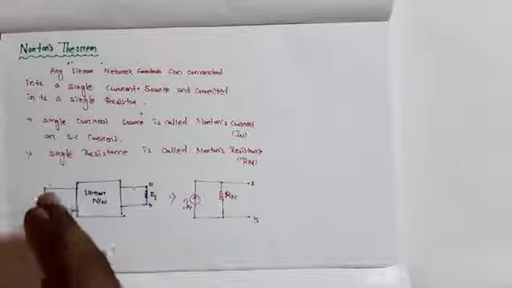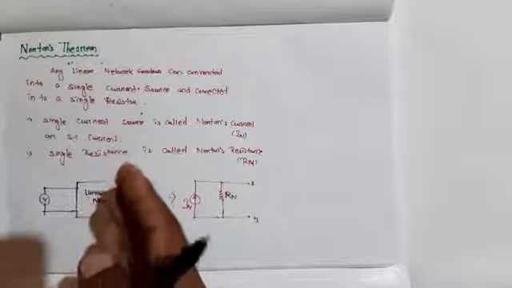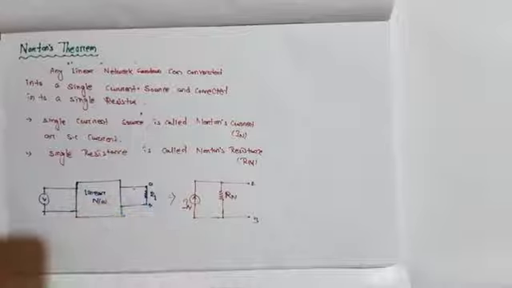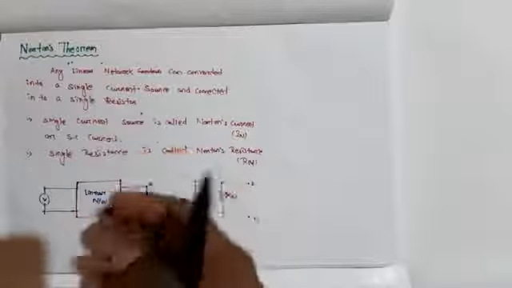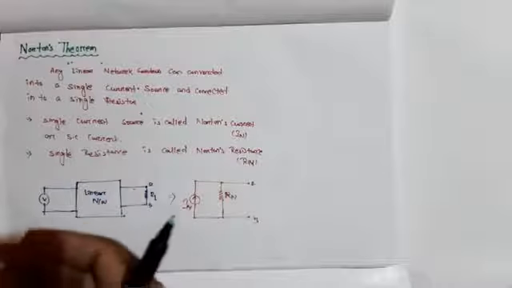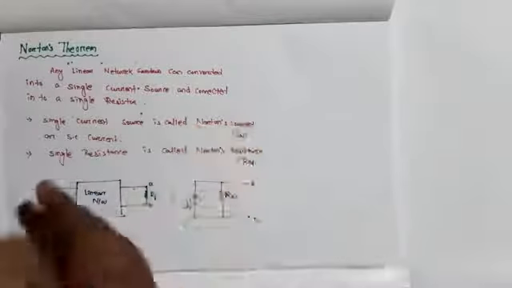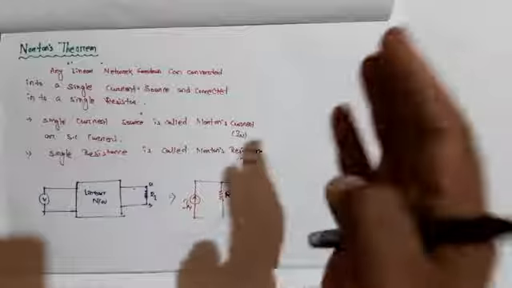The Norton theorem says that any linear network, linear meaning resistor, inductor, linear behavior network, can be converted into a single current source and a single resistor. This current source and this resistor are connected in parallel.